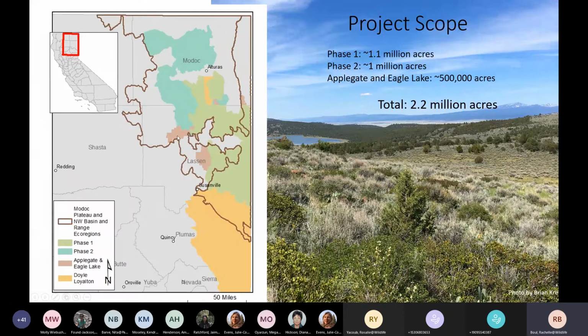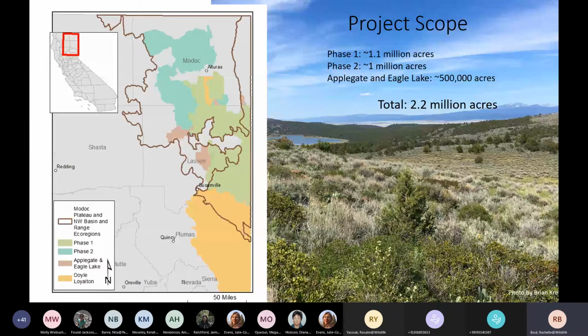In addition, an additional 50,000 acres immediately adjacent to phase 1 and phase 2, this footprint in pink, we call the Applegate and Eagle Lake project area. It encompasses the Eagle Lake Observation Peak and Bald Mountain Dixie Valley ecological subsections, and data collection started there in 2017.